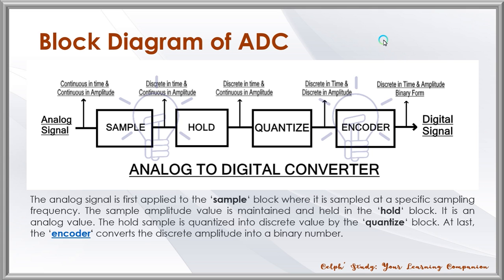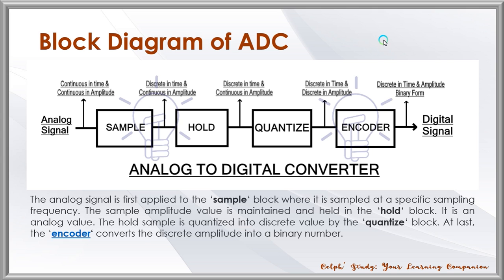So, what is inside our analog to digital converter? This is the block diagram of what is inside our ADC. The analog signal is first applied to the sample block. As you can see, the analog signal comes from raw, real-world parameters.